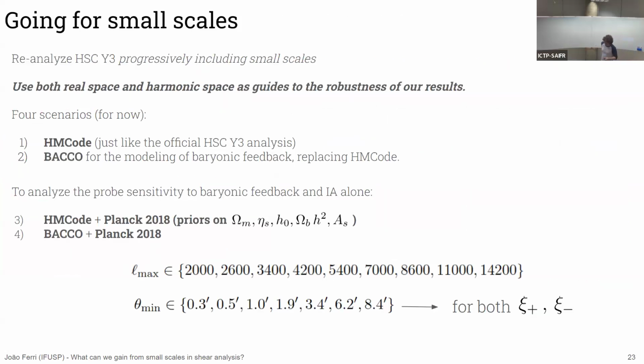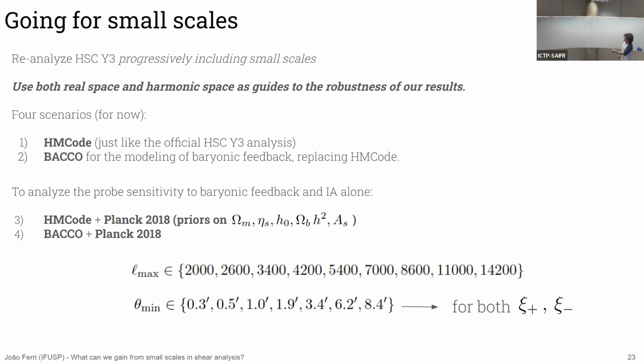And for now, what we have done is to reanalyze the HSC year 3 data in both spaces, so using C_ells and using the xis. The two main scenarios are: the first one, use HMcode to model the baryonic feedback, just like the official analysis, and then we're going to use BACCO to see if something changes.